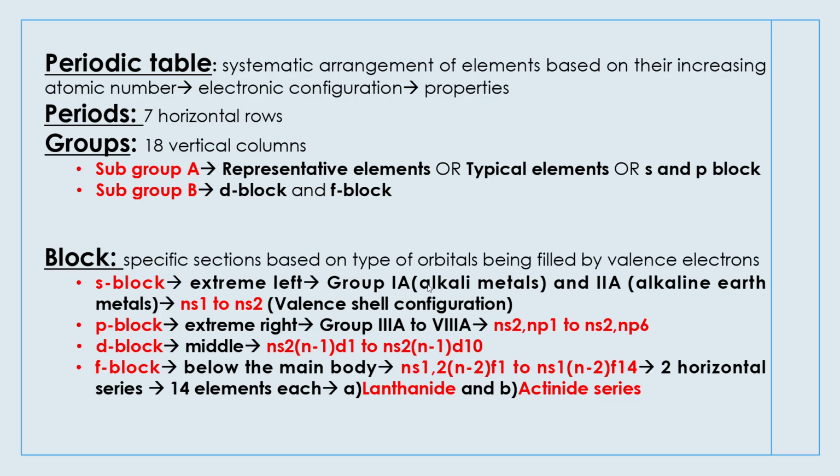If the orbital is S, it means we are talking about the S block. If it is D, D block is concerned. You mostly get this question in your multiple choice questions in which they ask you to choose the correct option for the valence shell configuration of a particular block. Or you might get a 1-mark definition of the periodic table. Let's move further.